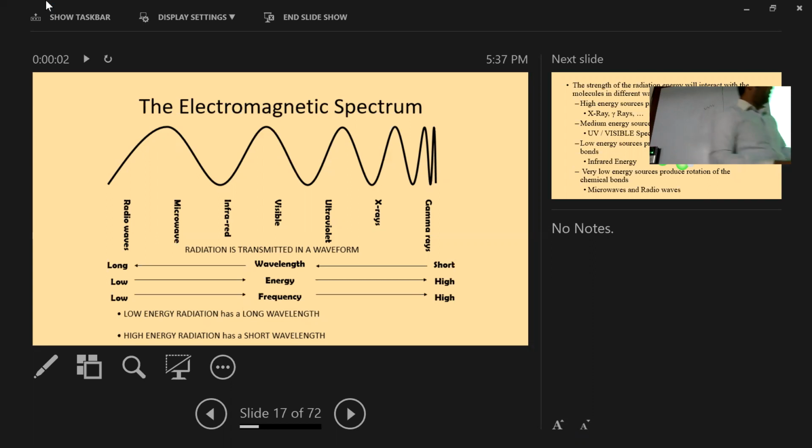If just one shot of this laser comes to any molecule, that gives around 4.66 electron volts. You can count: 1239 divided by 266 gives around 4.66 electron volts.